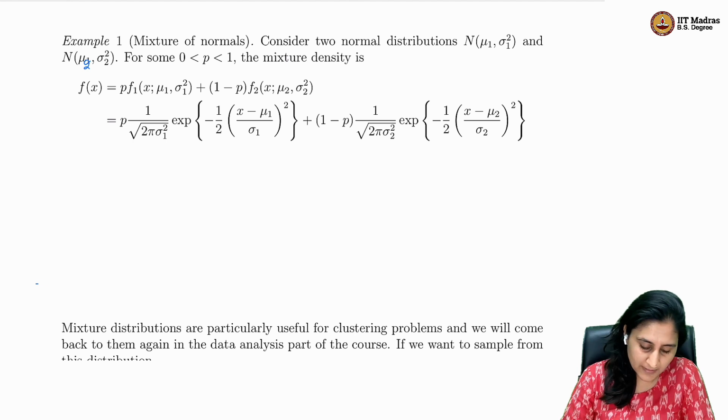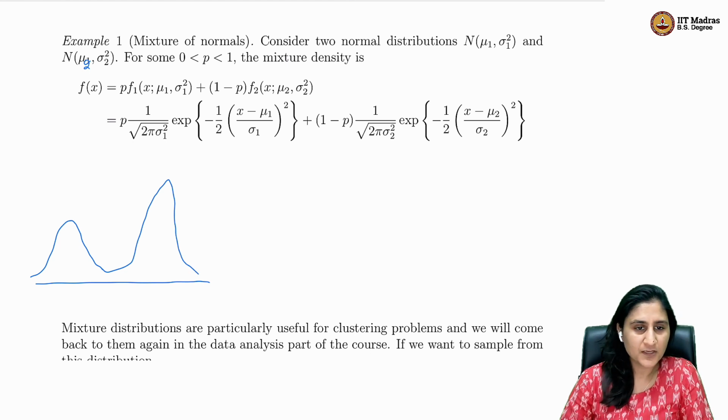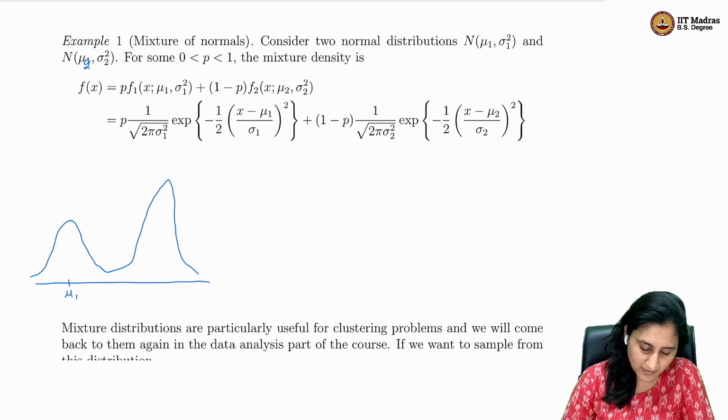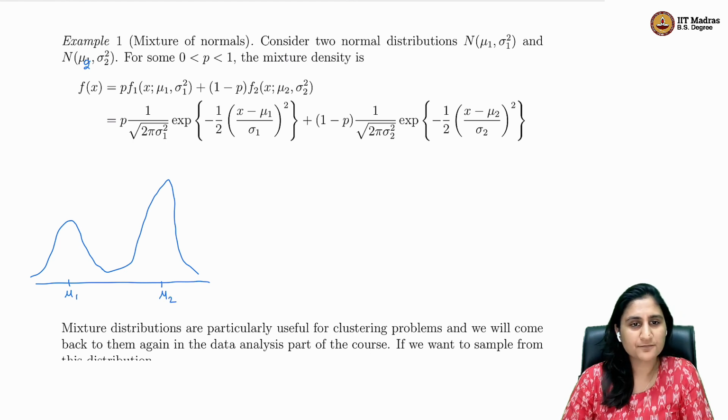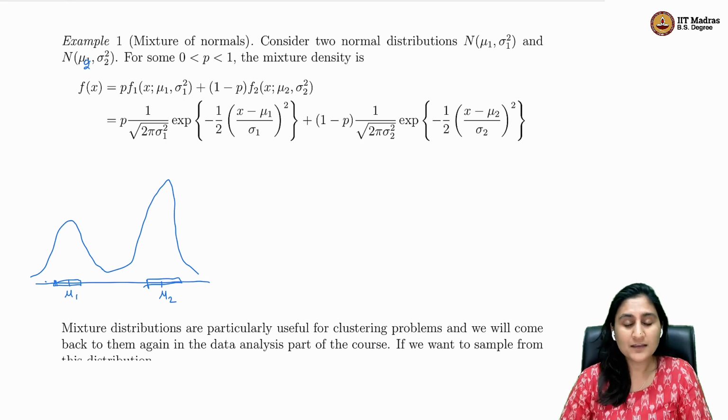The way this is helpful is we can have, let's say this is my real line, and I have one distribution over here that looks like this, and my second component also looks something like this. So roughly speaking, this is my mu_1 and this is my mu_2. And roughly speaking, this length is my sigma_1 and this length is my sigma_2. So based on the values of p, mu_1, mu_2 and sigma_1, sigma_2, we can get various shapes of the distribution.